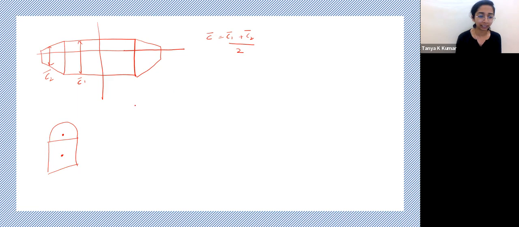Or if it's 3D, the center of mass, how do you find it? How do you find the centroid here? The centroid of the square is here.